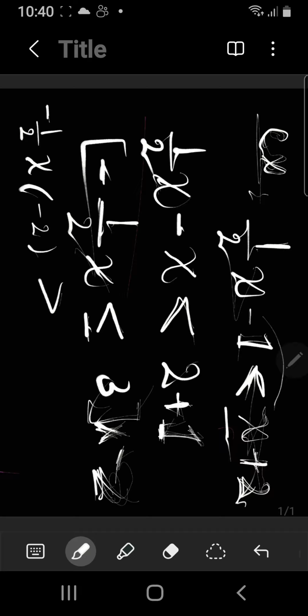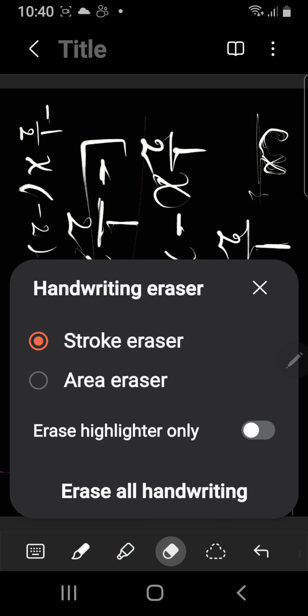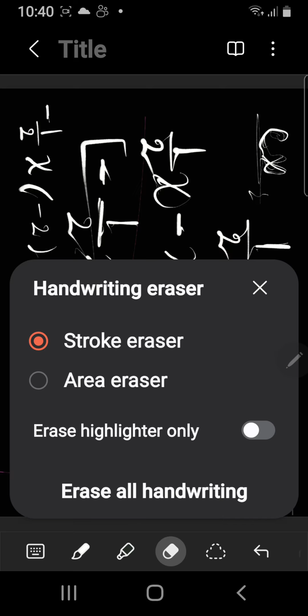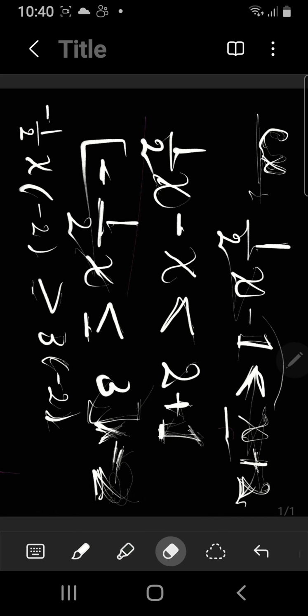Less than will become bigger than 3 times negative 2. We multiply by negative 2 here.